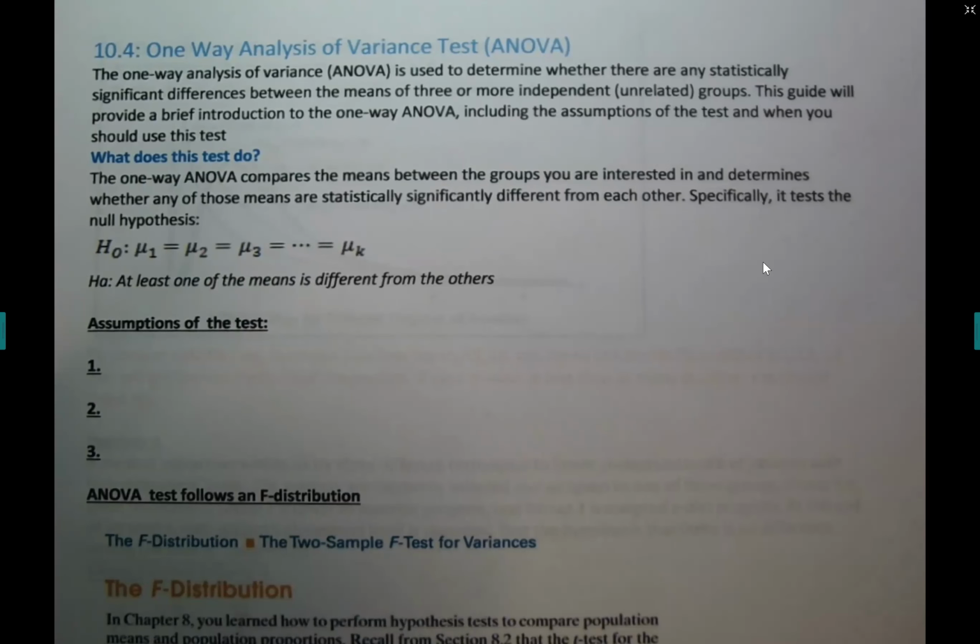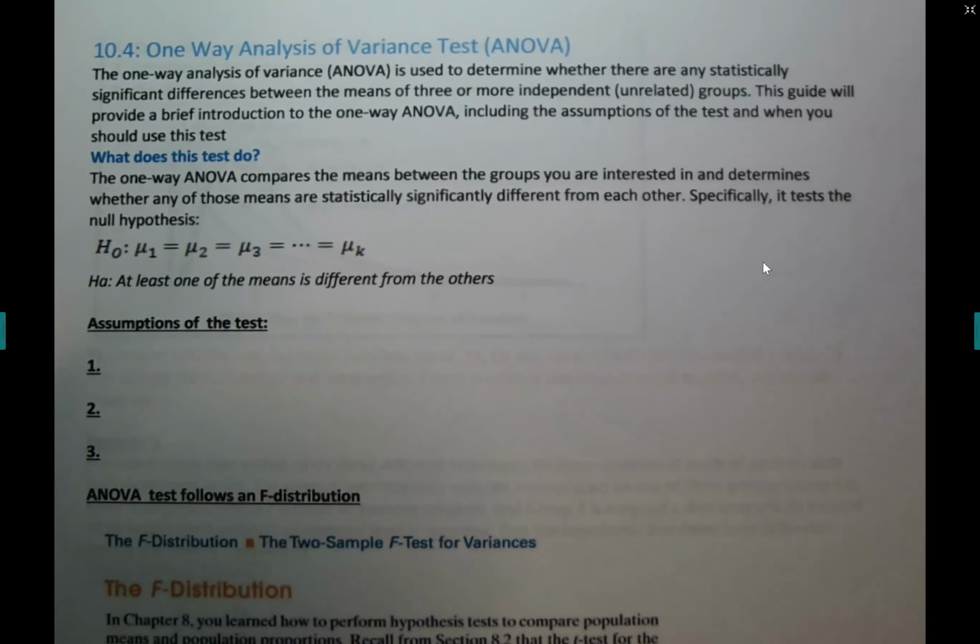But what if you want to compare more than two means, three means or four means, to see if they are equal or not? Chapter 8 does not allow us to do that because chapter 8 is only about two samples. But if you have more than two samples, 3 or 4 or 5, we have what we call the one-way analysis of variance test to test if 3 or 4 means are the same.